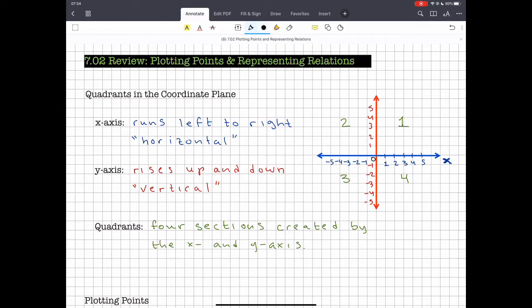Now you'll notice in quadrant 1, the x-axis is all positive, the y-axis is all positive. So any point there is positive. In quadrant 2, our x values are negative, but the y values are positive.